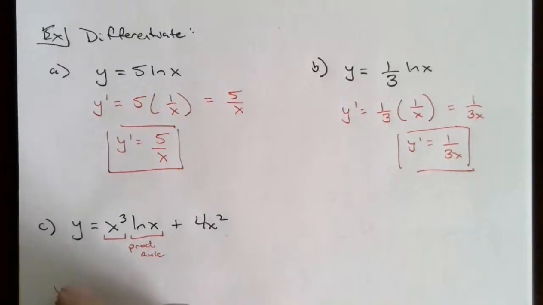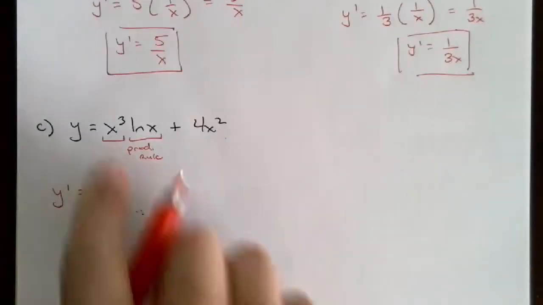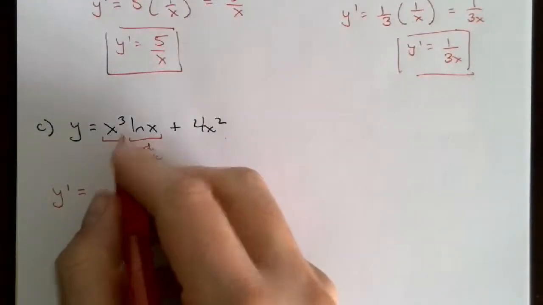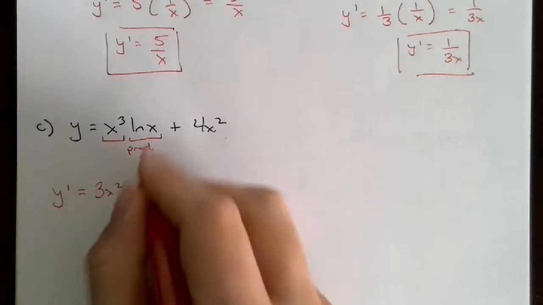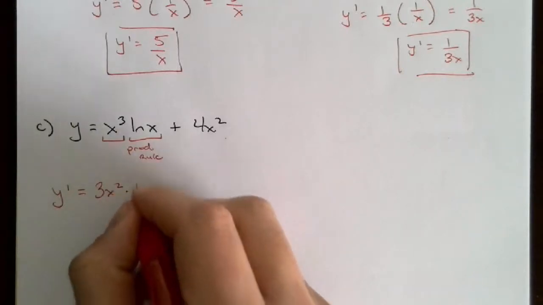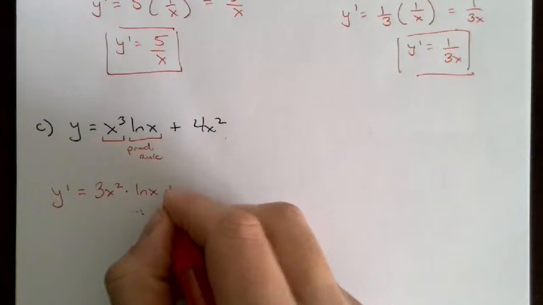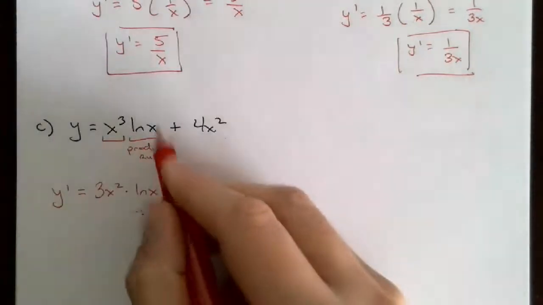So here we've got y prime equals product rule on this first part. Remember how product rule works. The derivative of the first function, so derivative of x cubed would be 3x squared, times you leave the second alone, so times ln x, plus the derivative of the second function.